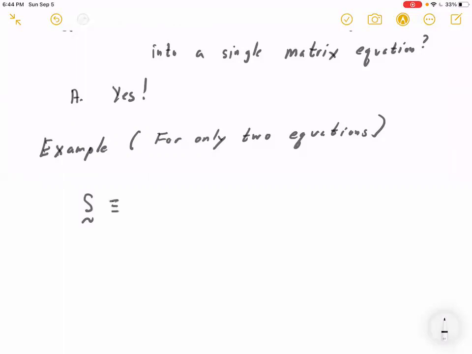I'm going to define a matrix S whose columns are the eigenvectors v sub 1 and v sub 2. That is a shorthand notation for a square matrix of order 2, which has 4 matrix elements. There they are.